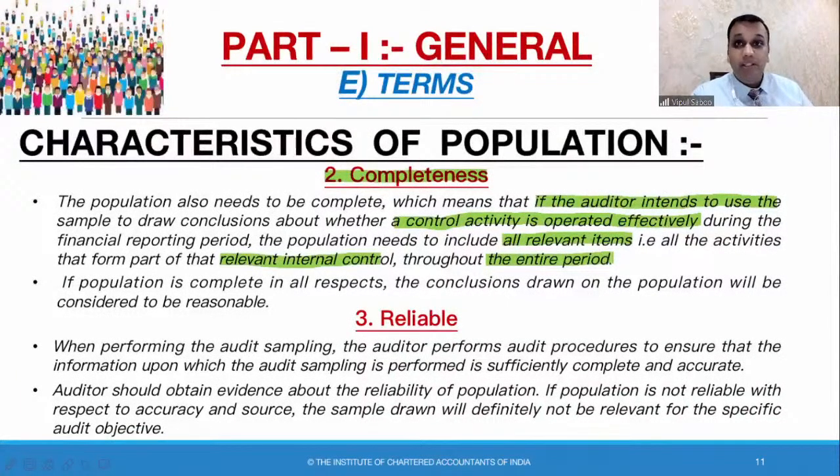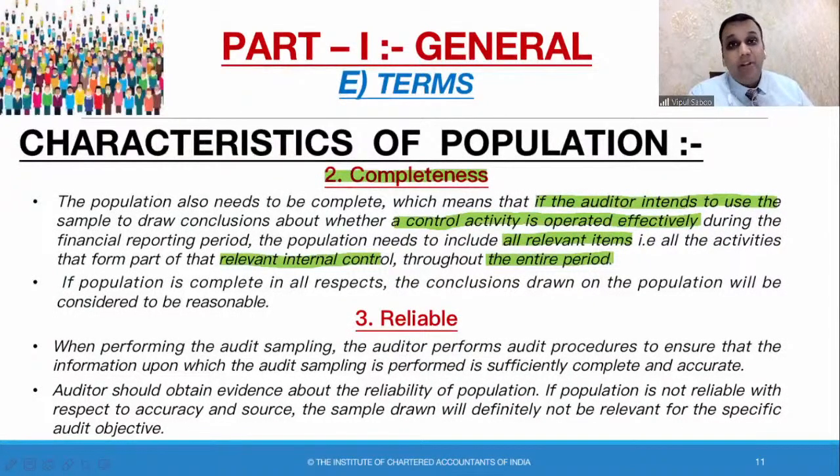So the population required to include all the CCTV cameras, but I was restricted. There was a limitation placed on my working that you cannot go to the fourth floor. It is not accessible. My population was not complete. My sample was incomplete.